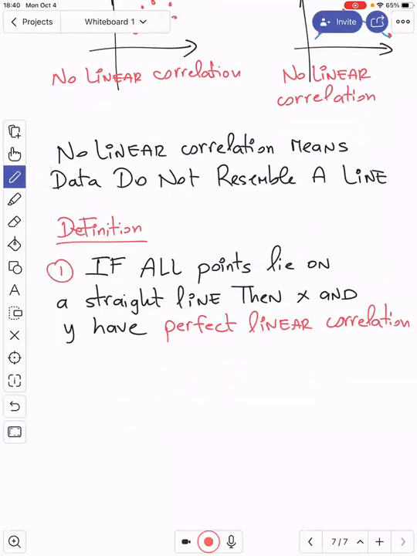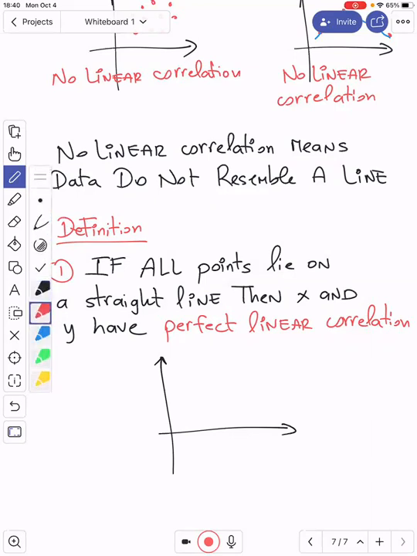Okay, so for example, let's say your scatter diagram looks like the following. You have your data points, and they're all going to lie on the same line. Okay, so this is your scatter diagram. As you can see, there is a line which passes through all the points at the same time, right?